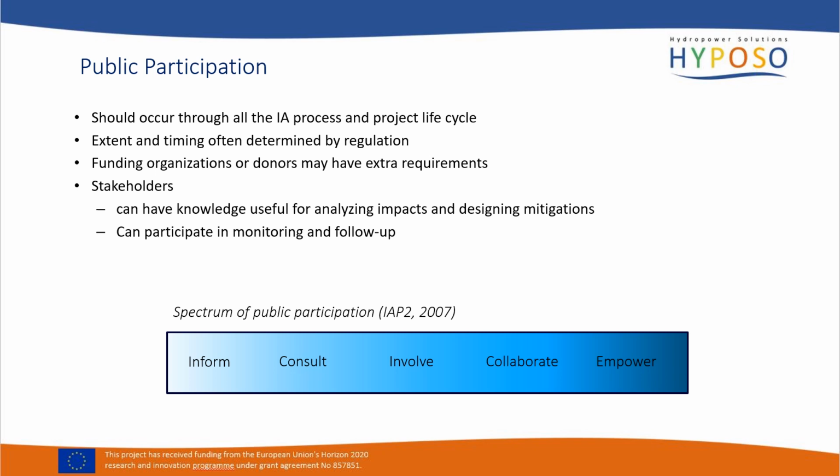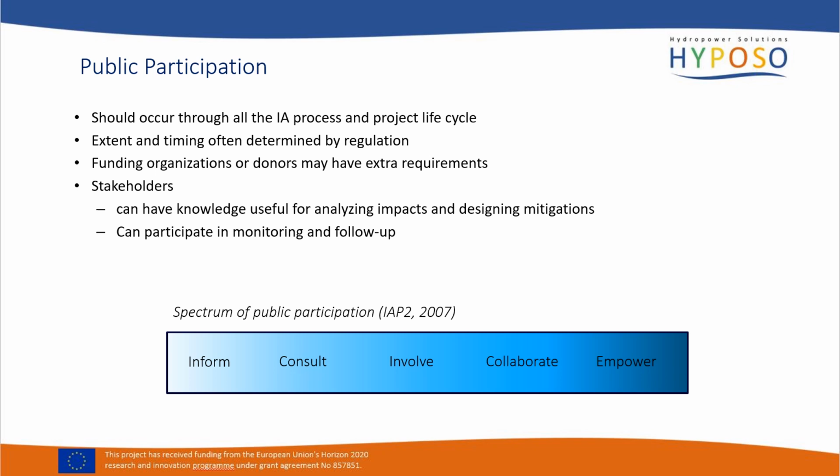The International Association for Public Participation, IAP2, has published what it calls the spectrum of public participation that comes from informing people about a project, to consulting how this project or intervention might benefit them or affect them, or for instance, to involve them in the analysis of the impacts.